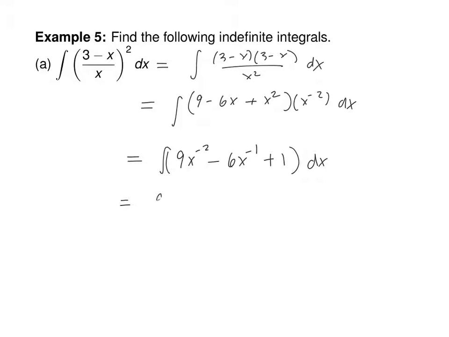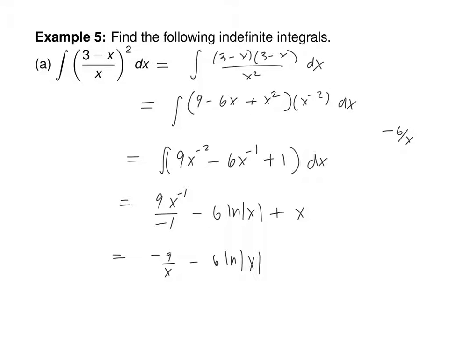That'll be 9x to the negative first over negative 1, right? Or negative 9 over x. Yep, if you want to say that right away, that's totally fine. This next part really is negative 6 over x, right? So minus 6 natural log absolute value of x, right? And lastly, you have plus x, right? And then plus c.